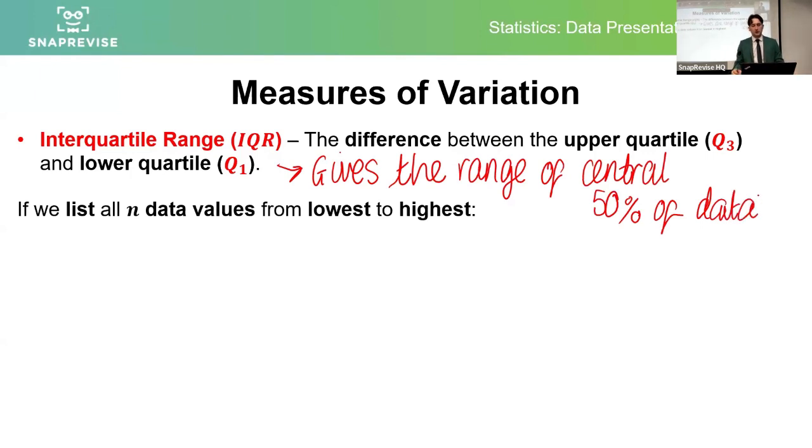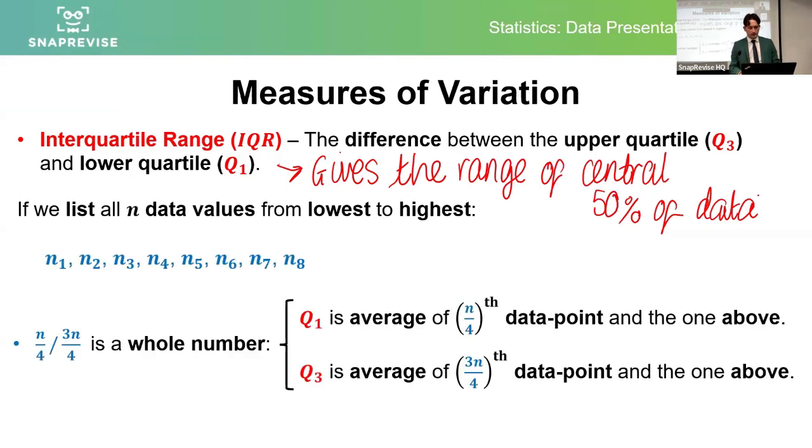And then if we list all n values from lowest to highest, the way we'd do that is we look at where the middle would lie. So it'd be the middle of these two for the quartiles, the middle of these two. That would allow us to find, in the same way as the median, where quartile 1 and quartile 3 lie.